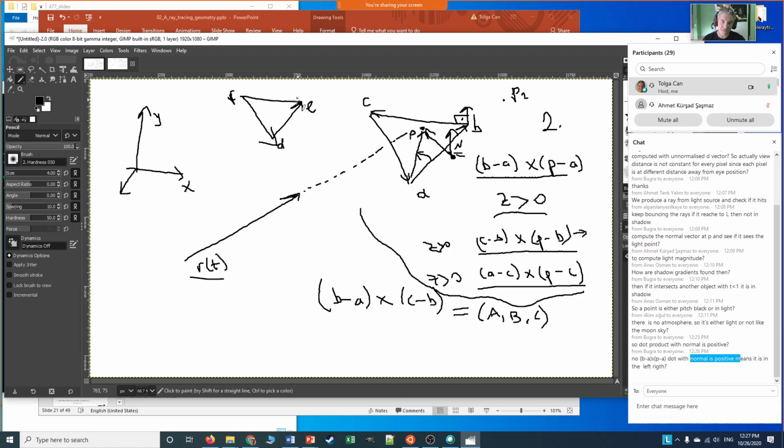So if these triangles were on the xy plane, the definition of positive is very well defined. In that case, the cross product will only have the z component, a vector like 0, 0, z. And this z will be positive if we do b minus a cross p minus a, if p is to the left of them.